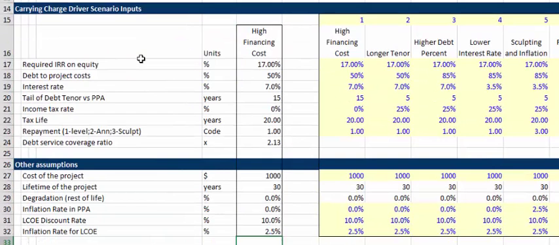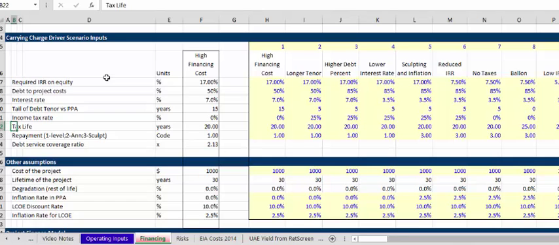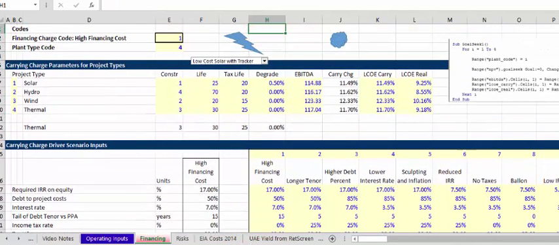So I try to be a little more specific on the carrying charge rate in this particular analysis, and I said, look, let's go to one of these places which has really high loans, and then gradually change the tenor, change the tail, and make it a much shorter tail, use sculpting down here, use different tax lives for the assets, and all of these things related to the book life and the degradation, well, they come from our plant type code. So our plant type code is 1.